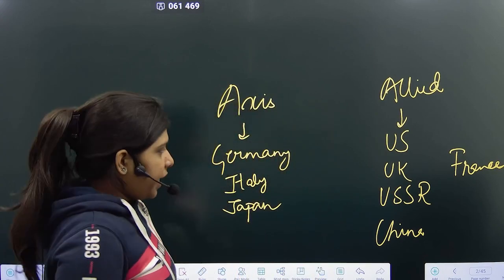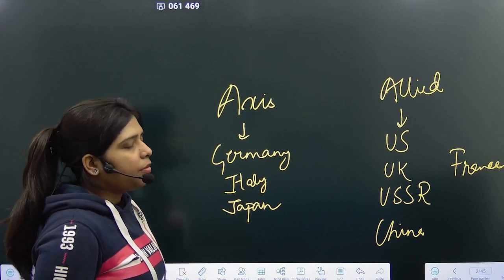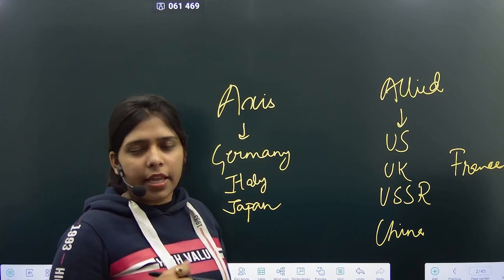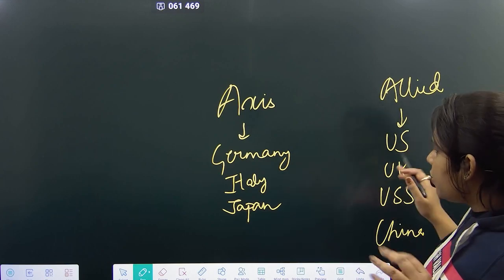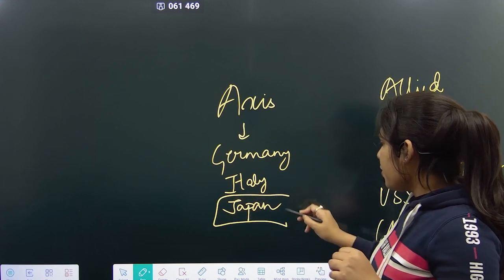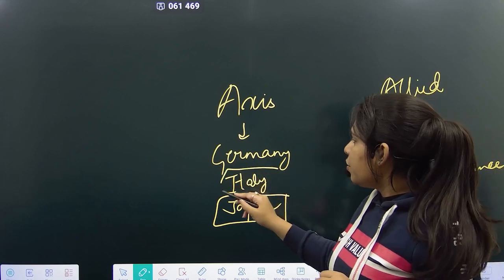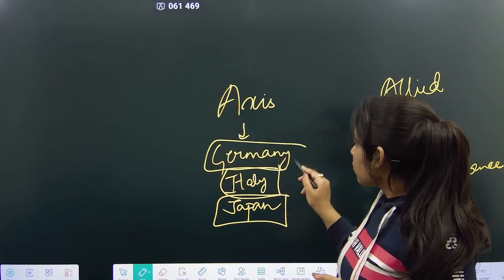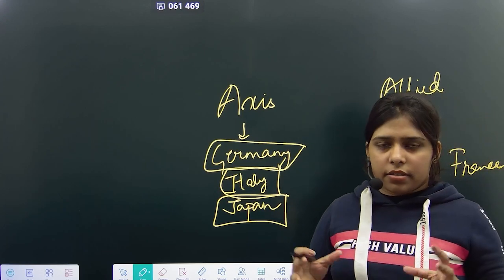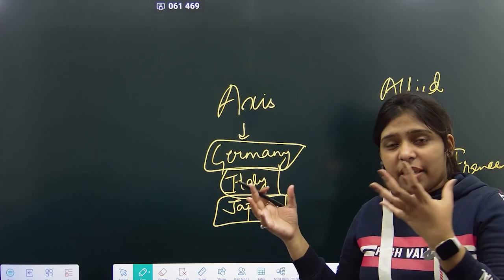We saw that the Allied powers emerged victorious in the World War. So now what was supposed to happen? We saw the condition of Japan. Italy was totally subdued. And Germany had to face the immediate wrath.